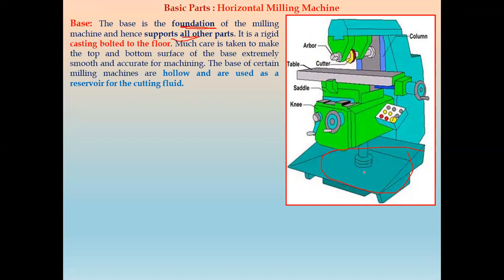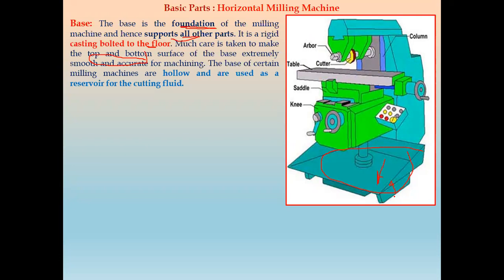Now, the base is a rigid casting, and it can be bolted to the floor. Much care is taken to make the top and bottom surfaces of the base extremely smooth and accurate, as they are used for machining.